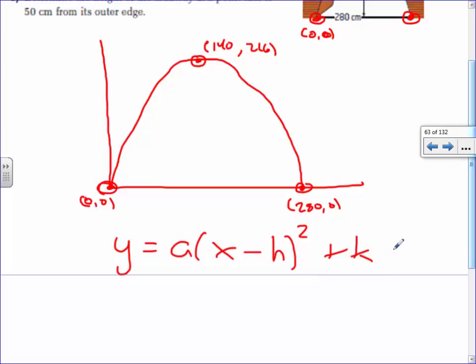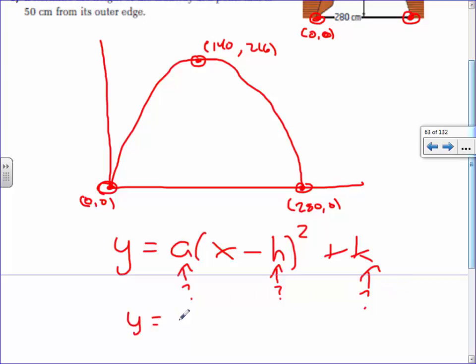I need three values. I need to know my k value, I need to know my h value, and I need to know my a value. If I can find those three values, I'm done. Because x and y's have to stay behind, right? You still have to have a y and an x value. So I'm really looking for three numbers. But I have a couple of them, don't I?